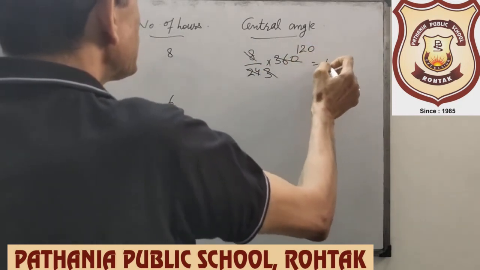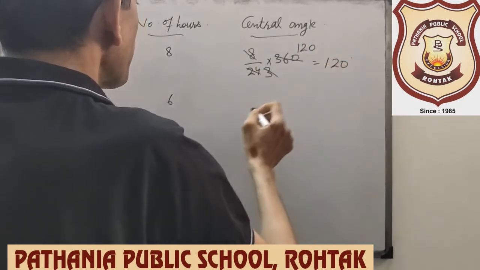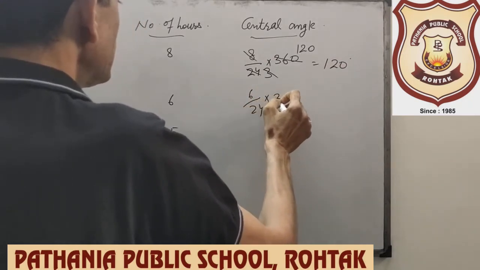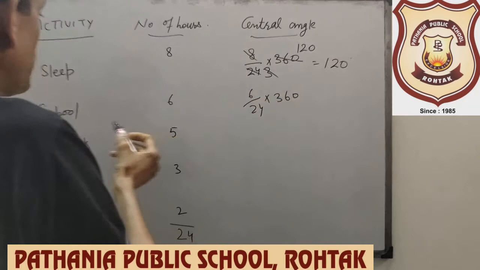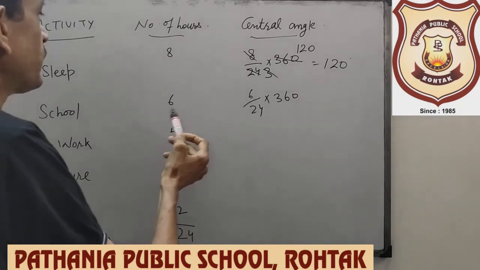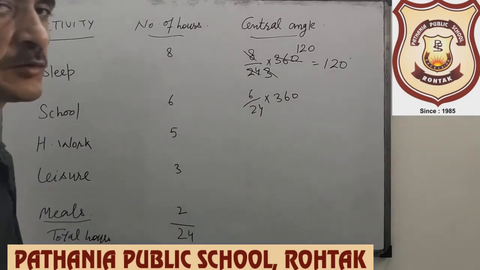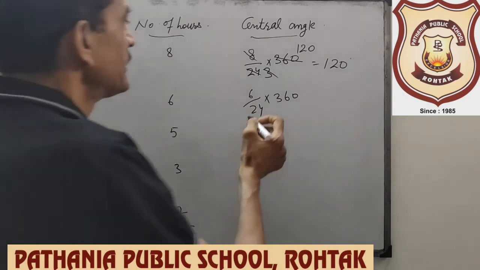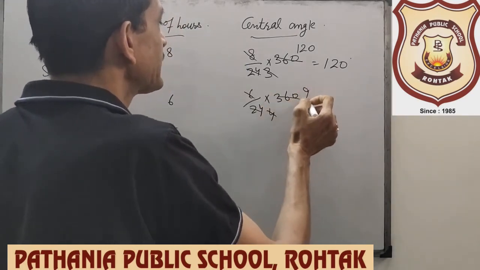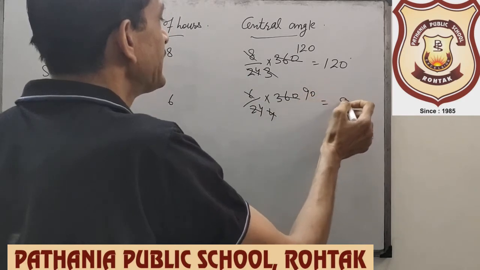So this angle is 120 degrees. Next is 6 by 24. Out of 24 hours, time used in school is 6 hours. Then 6 by 24 into 360 is how much? 6 4s are 24, 4 9s are 36. This should be 90 degrees.